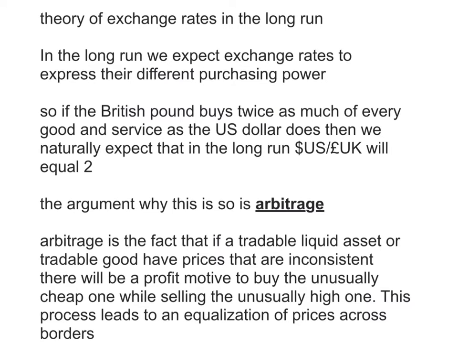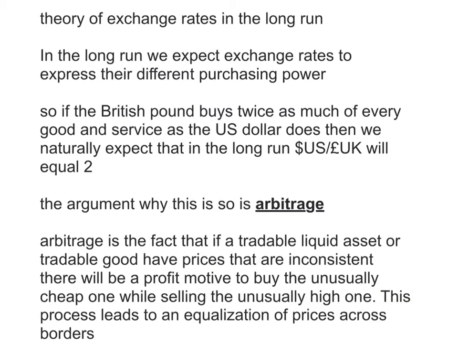So that if the British pound buys twice as much of every sort of good and service in the world as the US dollar does, then we would naturally expect that in the long run, the British pound will be worth about $2. A pound is worth twice as much as a single US dollar.